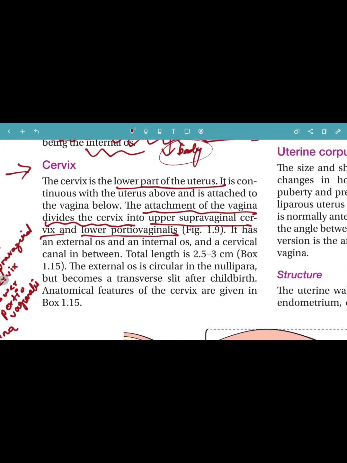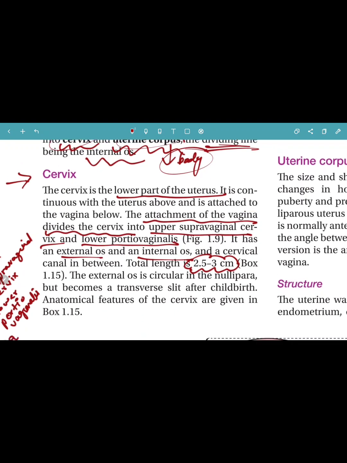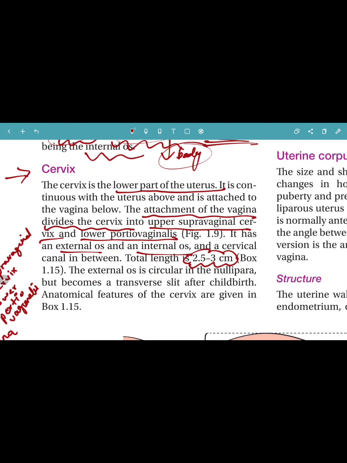It has an external os and an internal os and a cervical canal in between them. The total cervical length is around 2.5 to 3 centimeters.